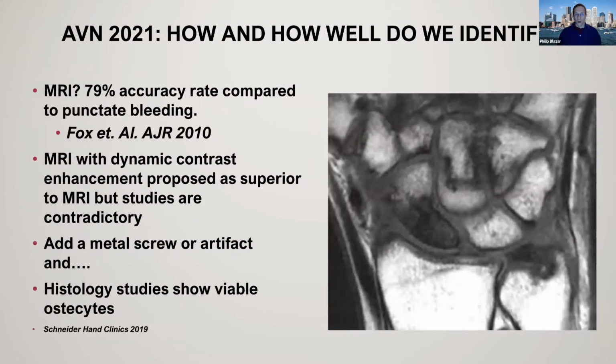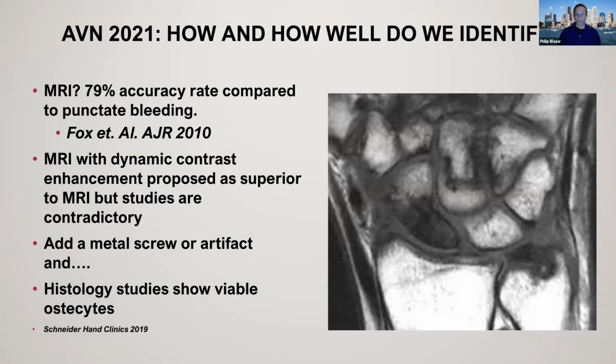And in fact, when we go to look for AVN in 2021, looking at how do we identify it and how well do we identify it, the further one goes into this, the more complicated it can be. So certainly MRI has been correlated superiorly to plain X-rays and to other imaging modalities in terms of identifying it.